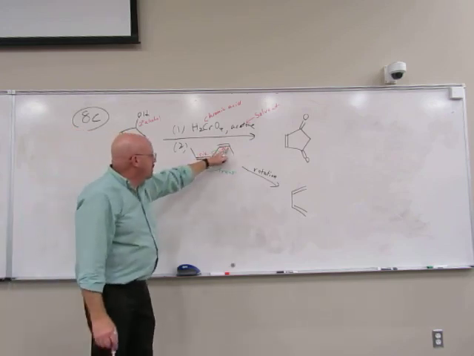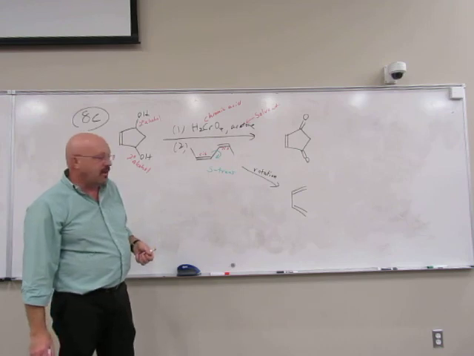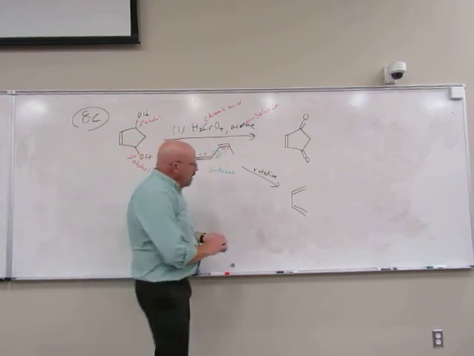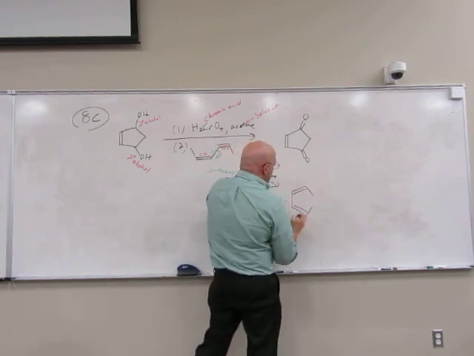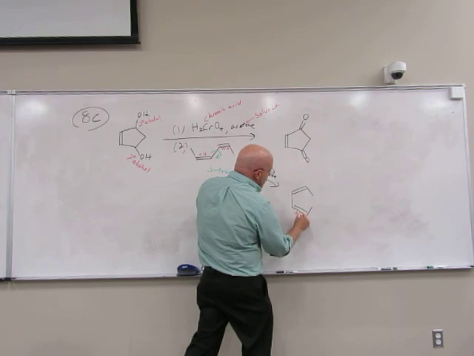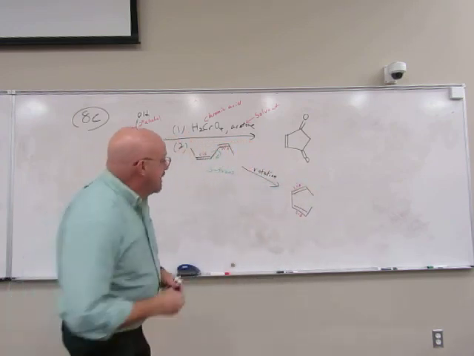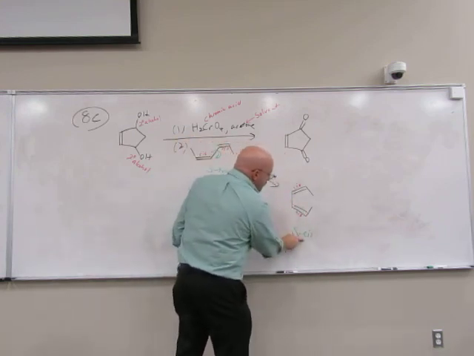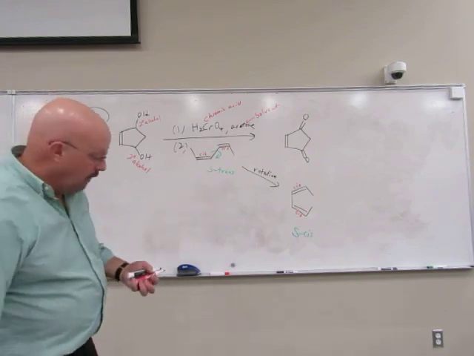We're not changing the red part, we're only changing that green part right there from S-trans to S-cis. These cis stay the same. So we know that these methyls had to be pointing inward. And then that is still a cis double bond, and this is a cis double bond. And our molecule is in the S-cis conformation. So the single bond is also cis. Now we're in the right conformation.